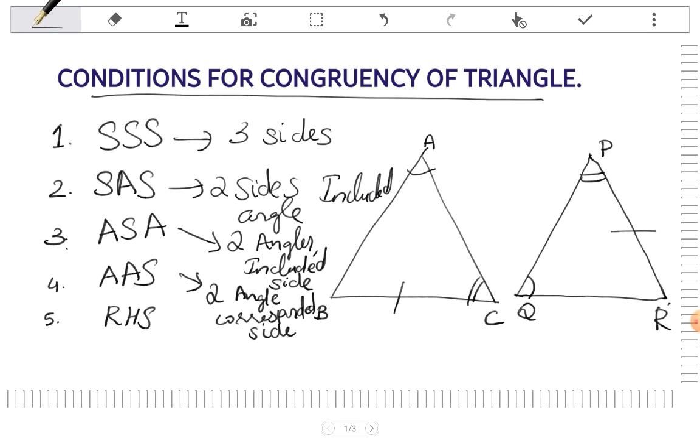Instead of PR, if it is given BC is equal to PQ, they are not congruent because PQ is an included side, but we need a corresponding side.